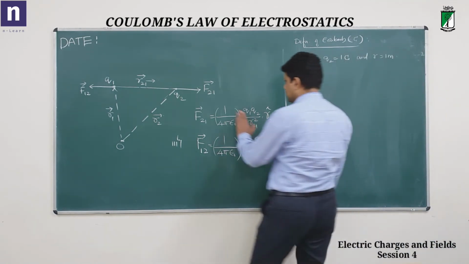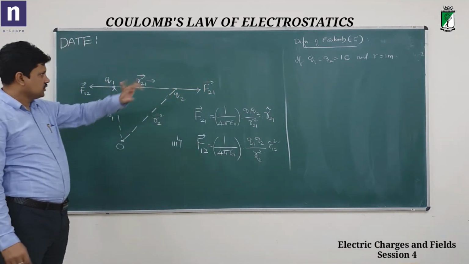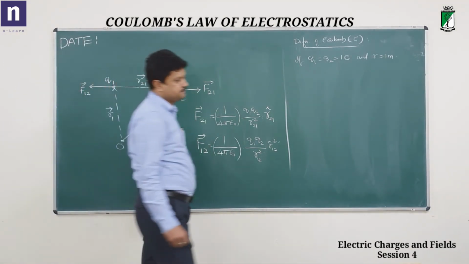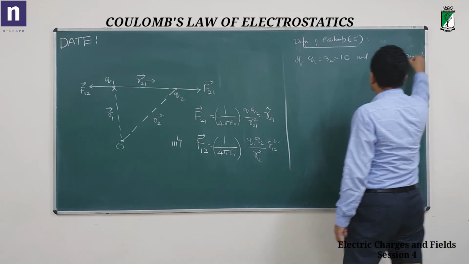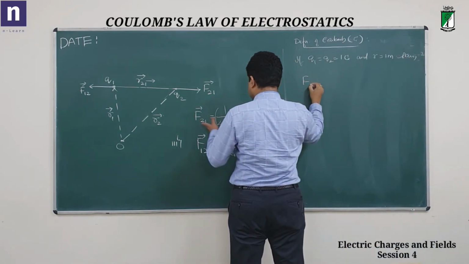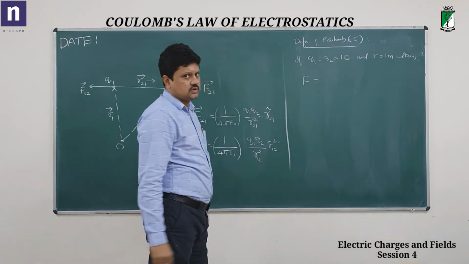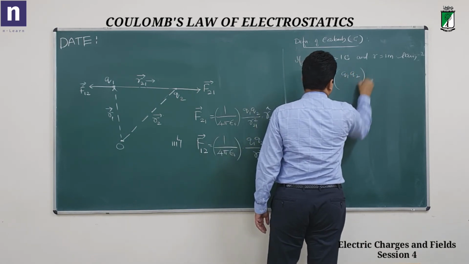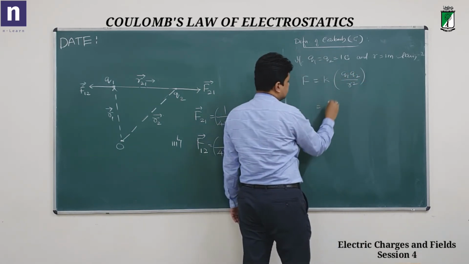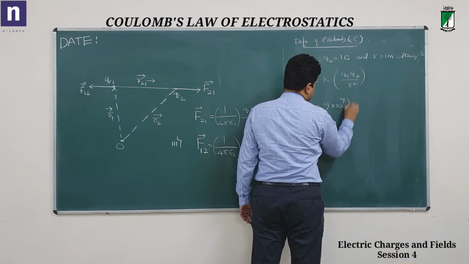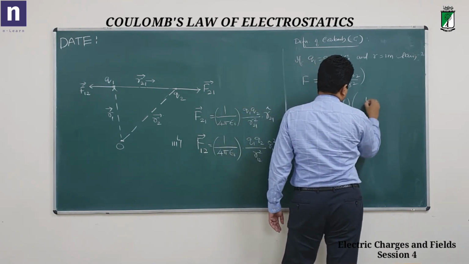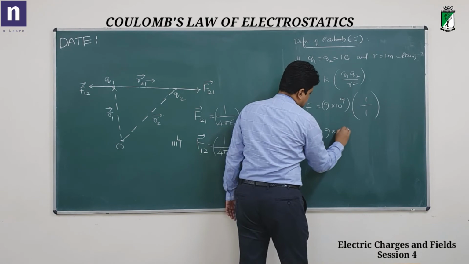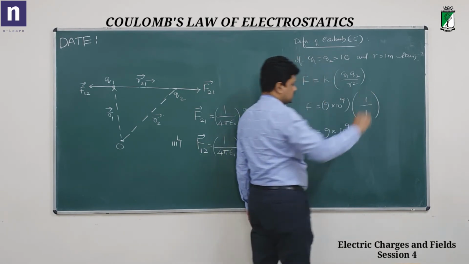That is, consider 2 point charges of unit magnitude, 1 Coulomb and 1 Coulomb, separated by a unit distance, that is 1 meter. Then we get the force between them, F, is equal to K into Q1 Q2 by R square, assuming that the medium between them is air. So 9 into 10 to the power 9 into 1 divided by 1. So F is equal to 9 into 10 to the power 9 newtons.